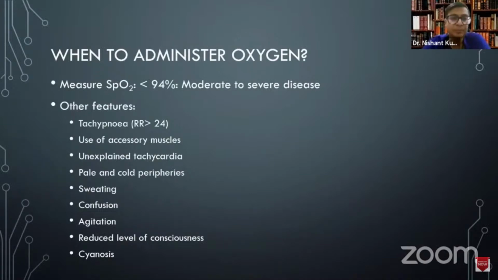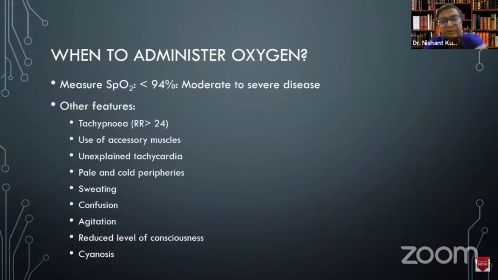Now, the best way to know whether a patient or a person requires oxygen is to measure it objectively. It can be done simply by putting a pulse oximeter on the finger. If the saturation, or the SpO2, is less than 94%, that means there is a moderate to severe disease. A healthy person would usually have an oxygen saturation of 97% upwards.